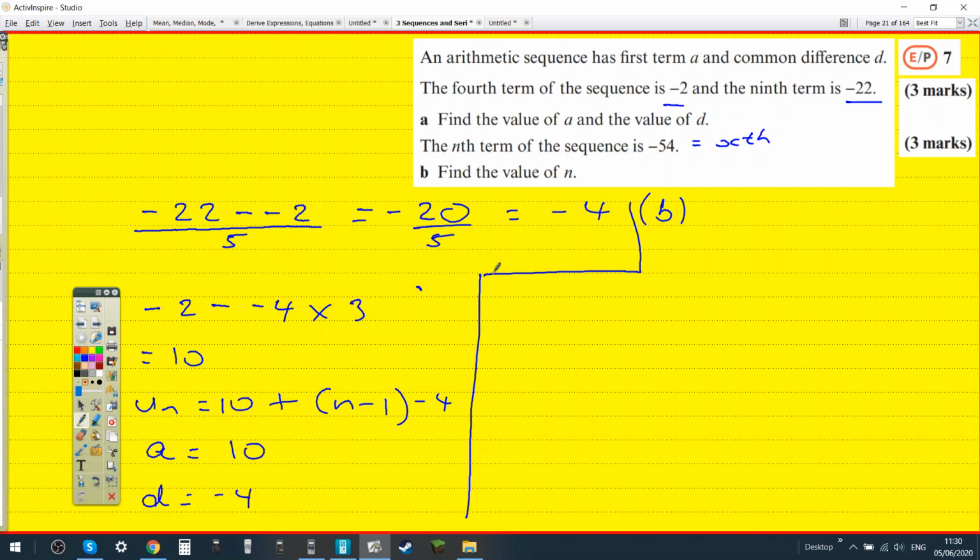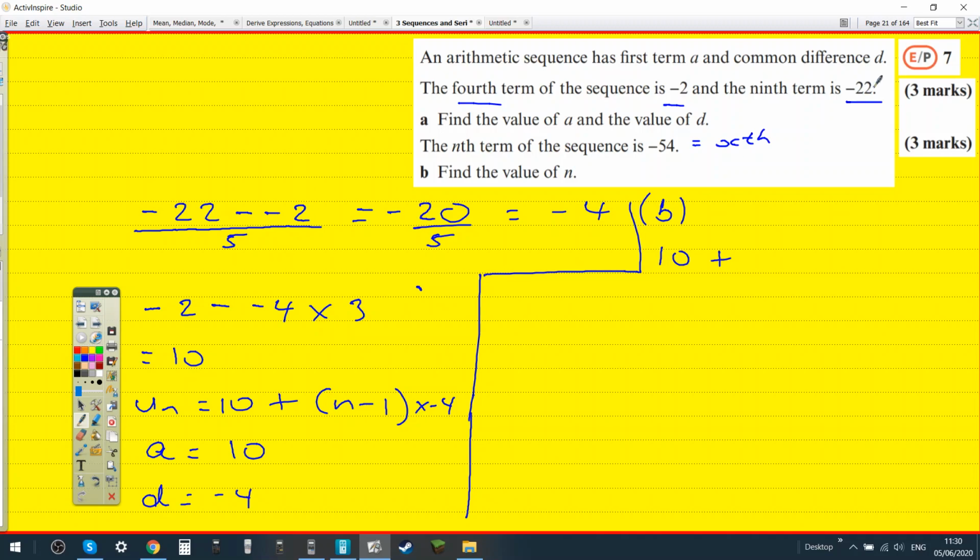I'm not sure. Basically, for this one down here, un equals 10 plus n minus 1 times minus 4. Just for the sake of clarity, I'll put times minus 4, so we don't make any mistakes. If you were to sub 4 for n, you would get minus 2.